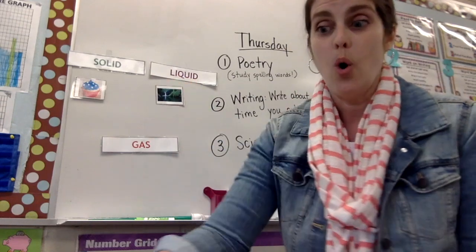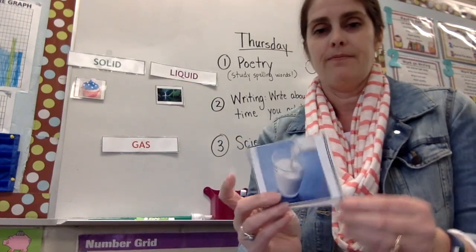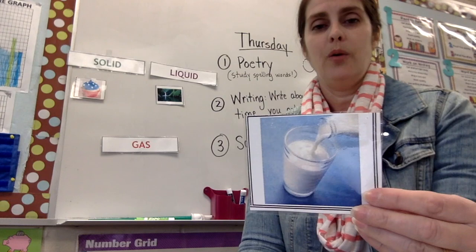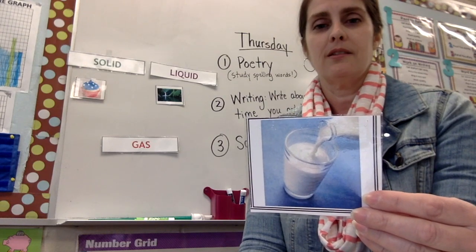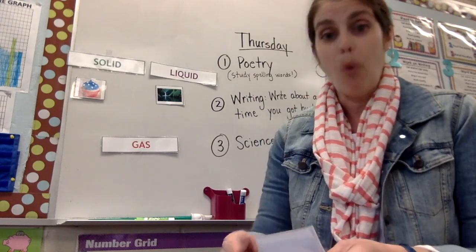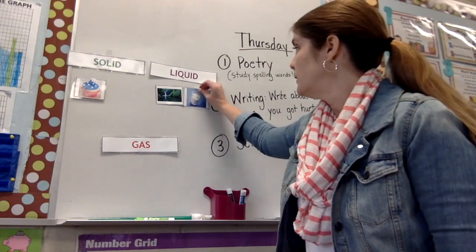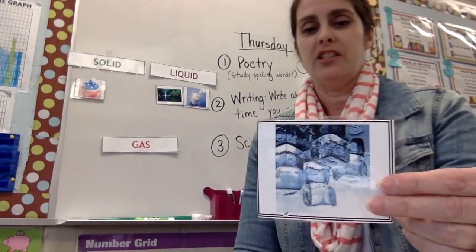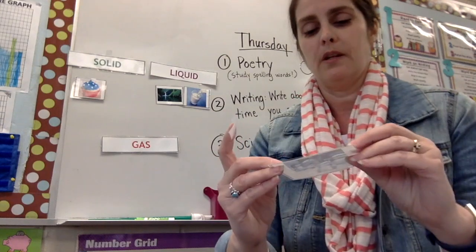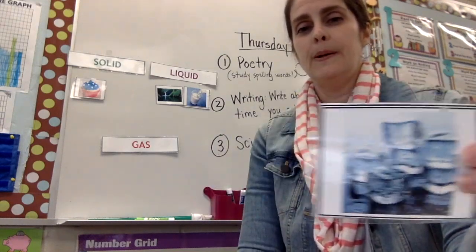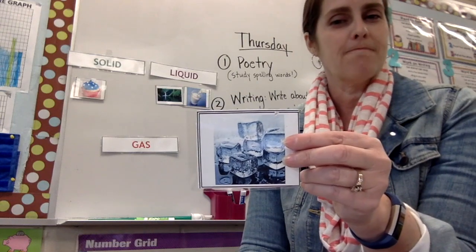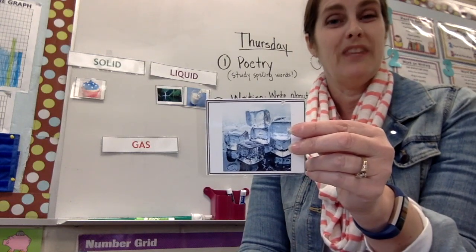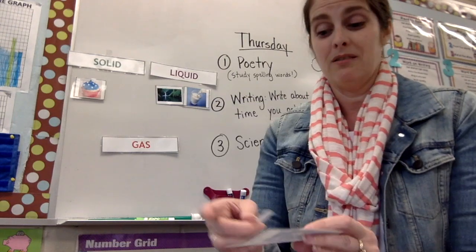It can flow. All right, how about milk? Where would that go? Solid, liquid, or gas? Liquid again, right? You can pour it out. It flows. How about ice cubes? This is a little tricky, right? If it's an ice cube and it stays cold, it's a solid, right?